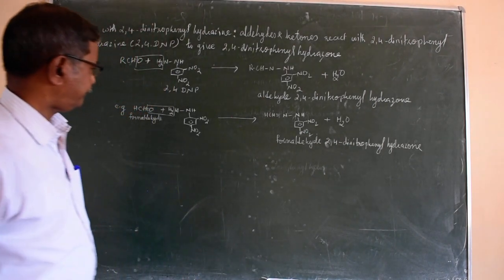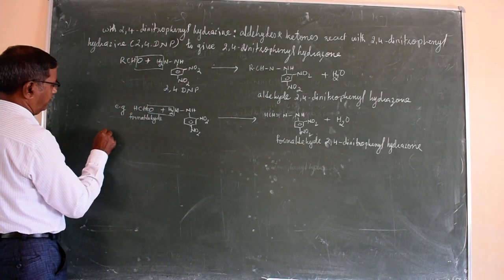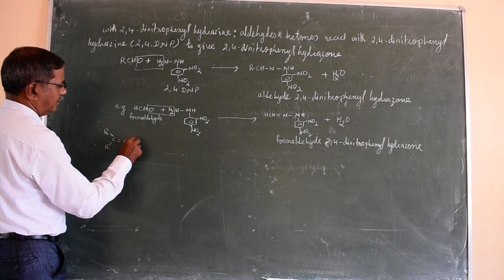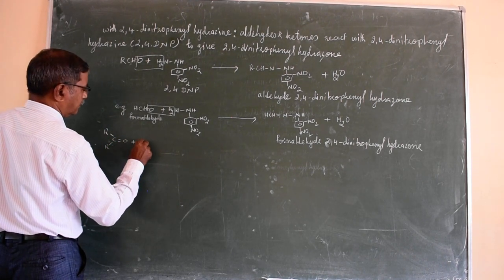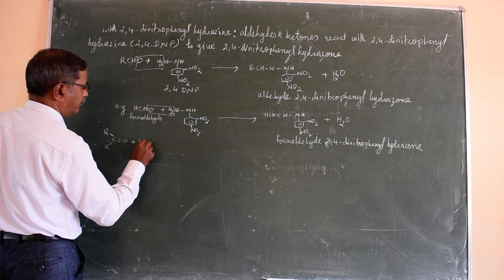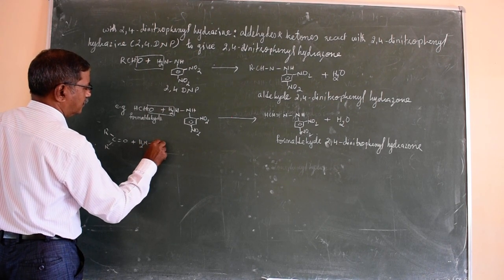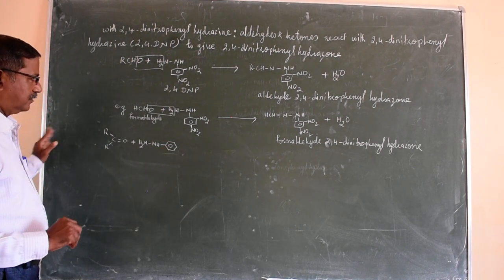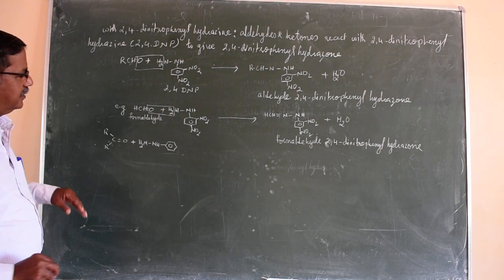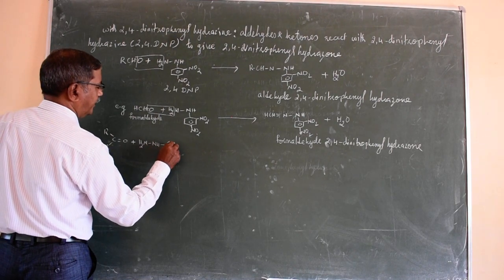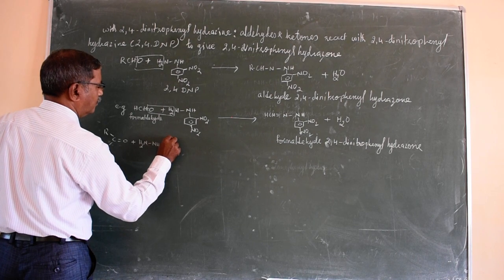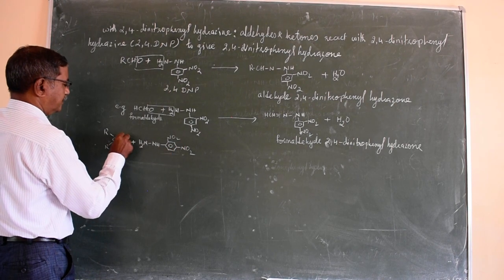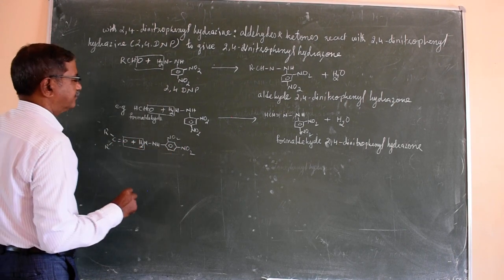Then ketone. We know the formula for ketone: RC double bond O, R plus 2,4-DNP, NH2NH. You can draw it like this also. No need to show the bond below the nitrogen; in the same direction you can write it. On the second and fourth carbon we have NO2. So elimination of H2O takes place.